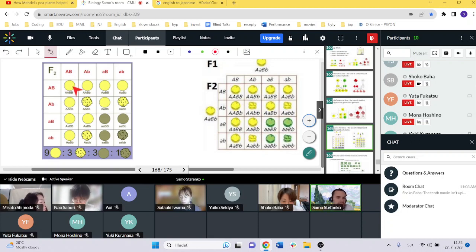So in complete dominance, the outcome would be that yellowish and rounded peas contain 9 of 16 possible genotypical offspring, so 9 are yellowish and rounded.